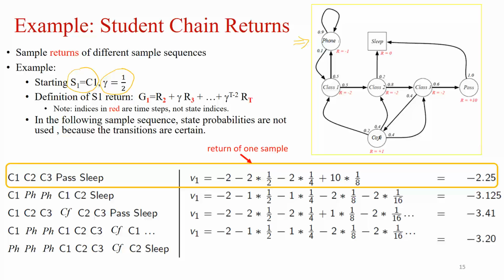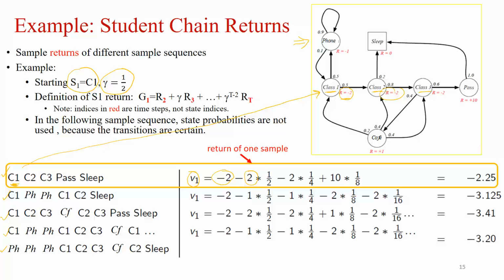And so obviously now I'm going to assume certain sequences that I am going to go through, and from every sequence I will compute the value for the state given that sequence. So take for example, if I'm in C1, and I exit C1, so this is where C1 is right here. When I exit C1 to C2, I have a reward of -2, which is right here. Now when I exit C2 to C3, I will have a reward of -2, which is right here.